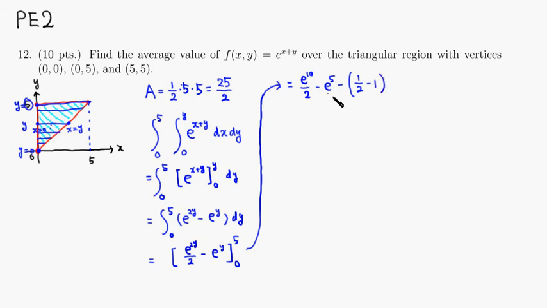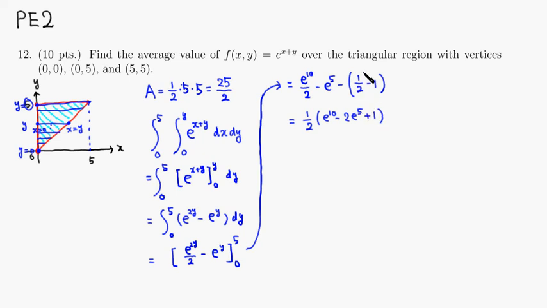So you're going to have negative 1/2 plus 1/2 there, so it seems like there's a 1/2, so I'm going to factor out the 1/2. You will get e to the 10 minus 2 times e to the 5, and this is plus 1/2, so it's going to be plus 1.